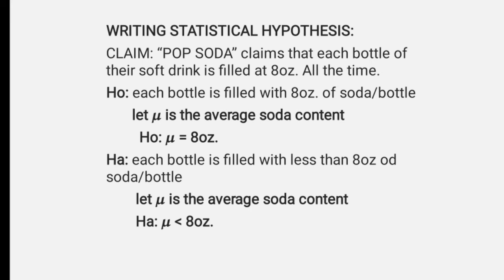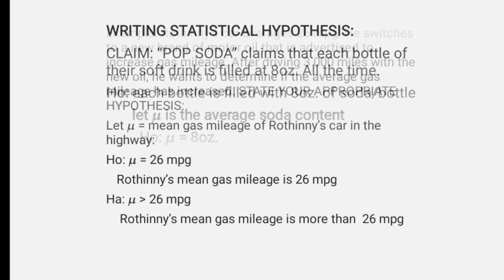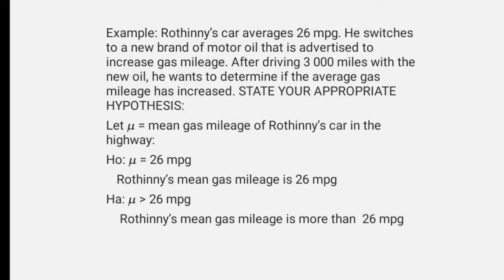And it will be specific in each problem, and we will soon find out how we can specify which inequality we're going to use in answering hypothesis or constructing hypothesis test in a given word problem. Next, we have an example here.